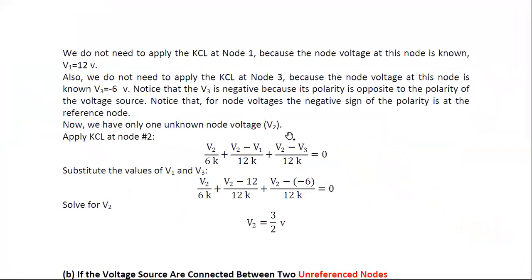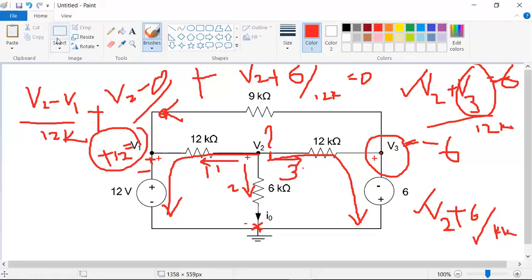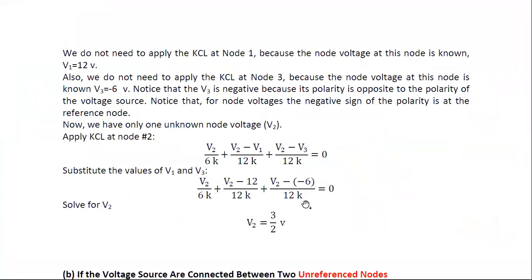So after solving this, you will get V2, right? V2 how much? 3 by 2. After solving with mathematical algebra and reduction techniques, you will get the only unknown parameter, that is V2. V2 is 3 by 2, means 1.5 volts.